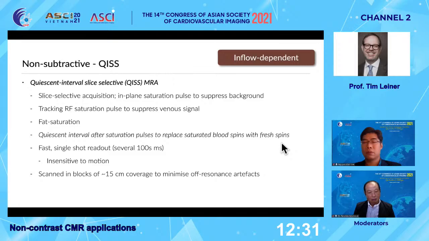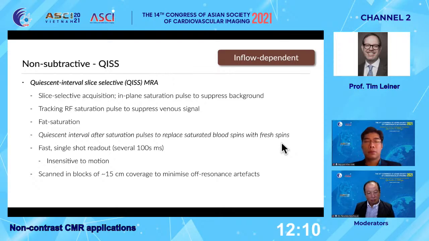This is combined with fat saturation to remove the tissues with short T1, i.e. fat, and then a quiescent interval is taken into account after these saturation pulses are applied to replace saturated blood spins with fresh spins, which then give a strong vessel to background contrast.